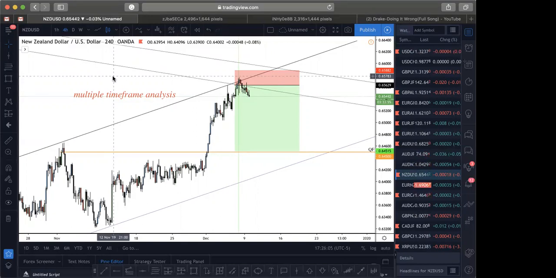So you might find an uptrend on a 4-hour time frame, and then on the 1-hour time frame, you'll find a downtrend, right? So there are different market phases on the different time frames. Okay, so you as a trader need to know what phase the market is in on which time frame, so you can make the right trading decision, right?